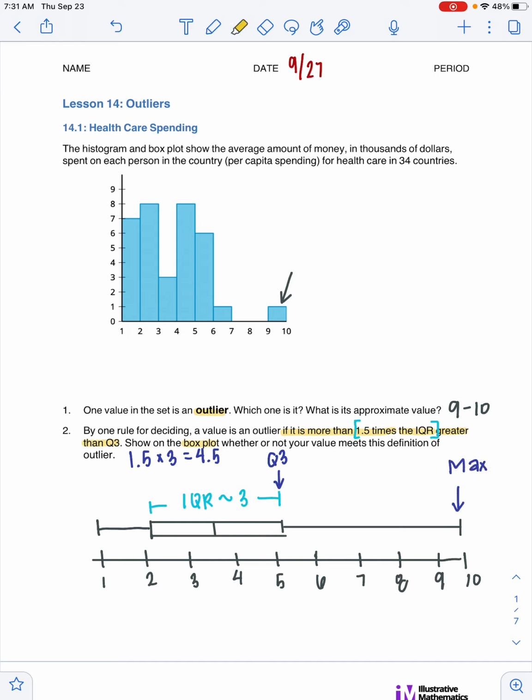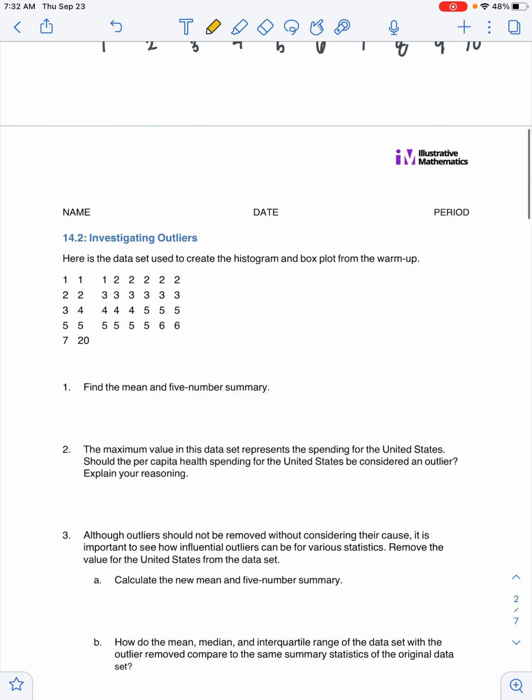Well, we know that the difference between 5 and 10 is 5, and that difference 5 is greater than 4.5, which proves, yes, it is an outlier. So to summarize, we can define outliers as observations or data points which are 1.5 times the IQR greater than Q3. Let's explore this further in activity 2.